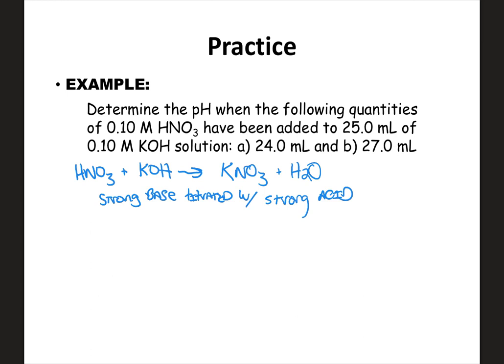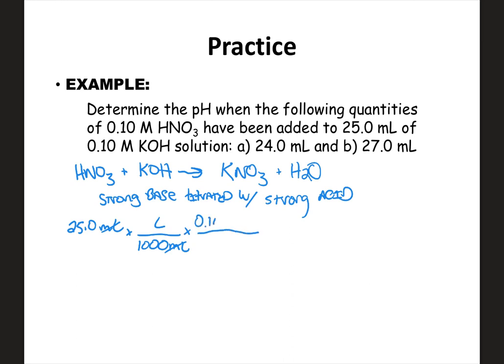So the first thing we need to do here in order to figure this out, we have to figure out how many moles of base we actually started with here. So in this particular problem, there's 25 milliliters of the KOH, and we can convert that to liters here. All right, there's 1,000 mL for every liter. Our milliliters cancel, and then we know the concentration of the KOH.